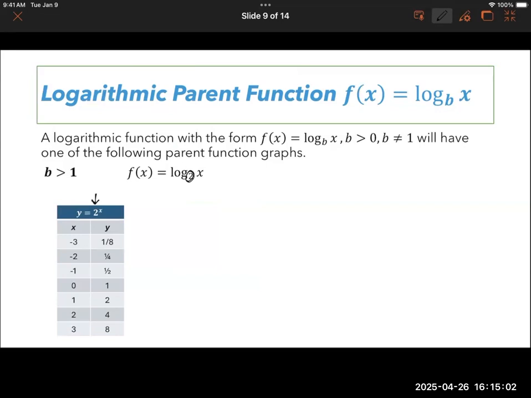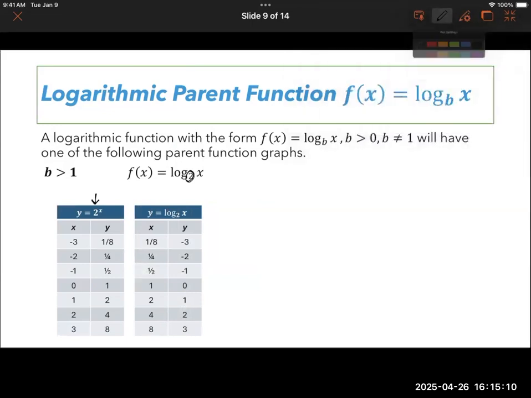And then using the fact that exponential and logarithmic functions are inverses of each other, that means that whatever coordinate points I have here, I'm simply going to switch those points to get a point on the logarithmic function.